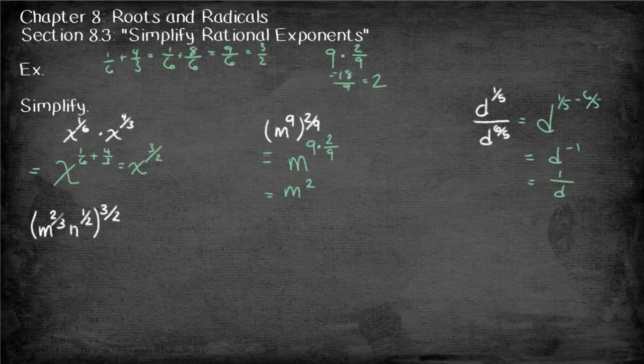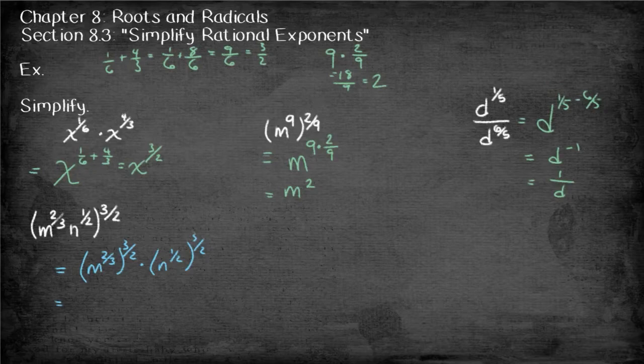All right, another one. Remember that when I have two factors under the same exponent, I can break it up. So this would be m to the 2/3 raised to the 3/2 times n to the 1/2 raised to the 3/2 power.